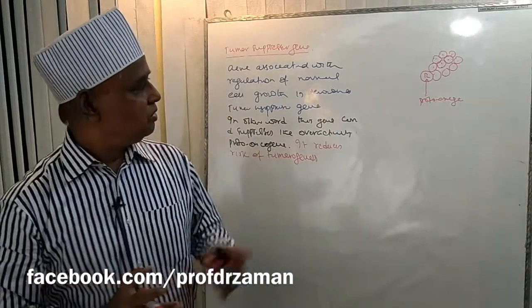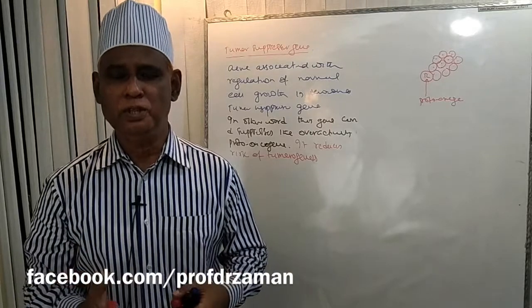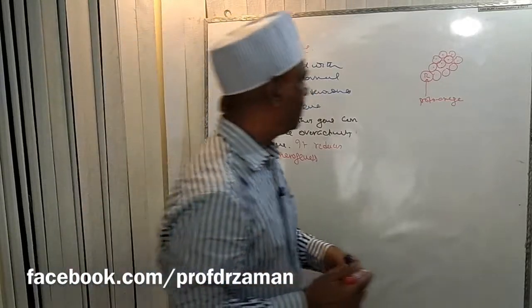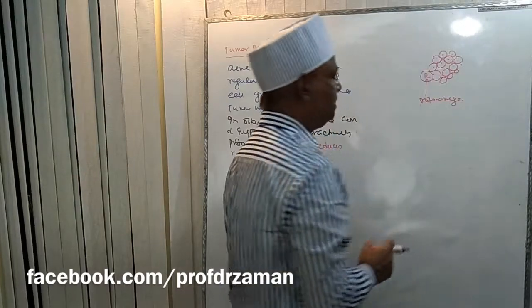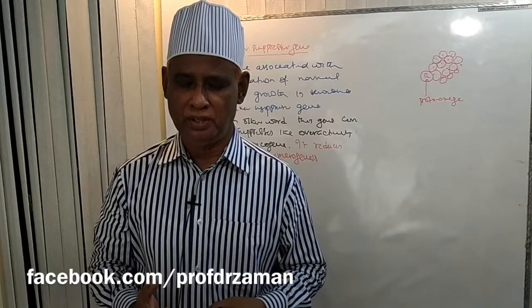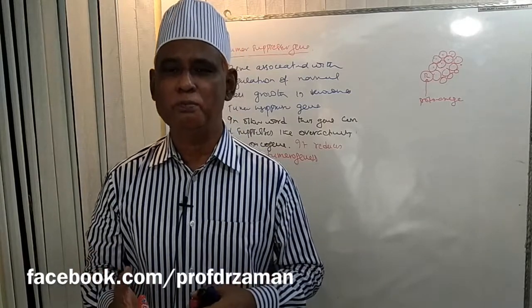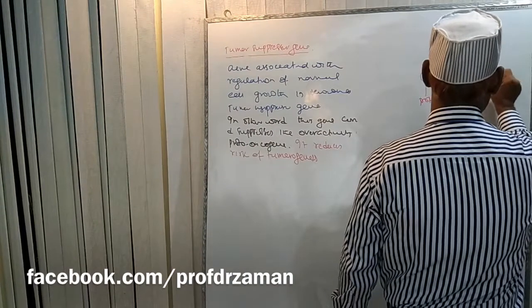If tumor suppressor gene fails to control the Proto-oncogene, there will be uncontrolled proliferation of cells.